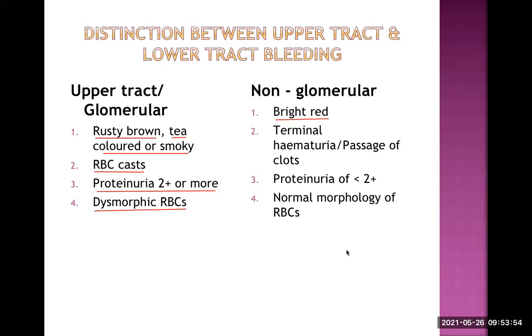Whereas in non-glomerular hemorrhage, there may be terminal hematuria, which is a case of urinary bladder involvement, or there may be passage of clots if the bleeding is heavy. Proteinuria is usually less than 2+. It is not as high as in glomerular hemorrhage, and normal morphology of RBCs is seen. So these are some of the very, very important differences.